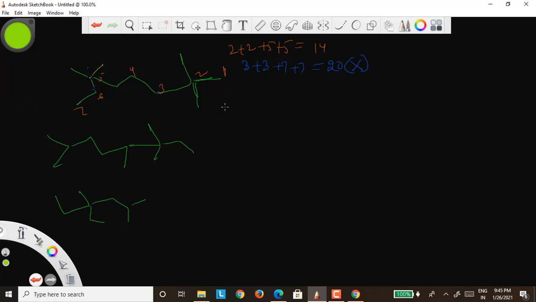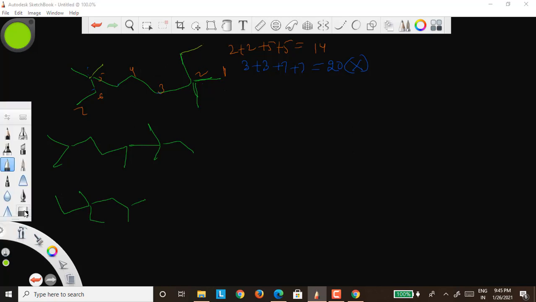So now what should be the name? Name is 2 methyl, methyl and 5. Acha, let us take ethyl. Sorry, then it will be wrong. It is one carbon. Okay.